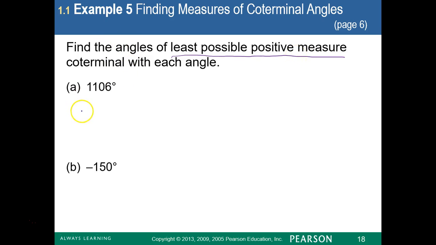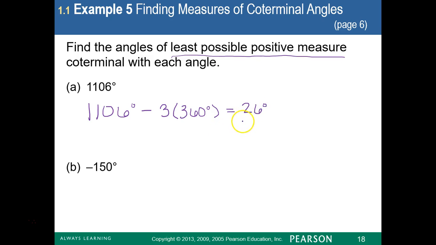So either add or subtract 360 as many times as you need to get an angle that is between 0 and 360. For this first one, you're going to subtract 360, I know it to be 3 times. And when you subtract 360 3 times, you get the measure 26 degrees.